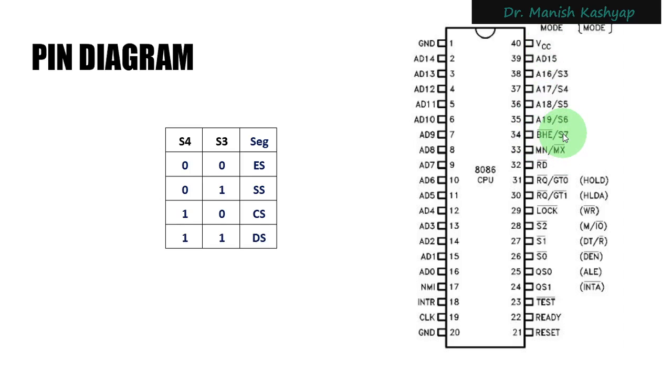This BHE bar is actually used to indicate bus high enable. BHE means bus high enable. So what is this used for? We already know that the externally interfaced memory is 1 megabyte in its maximum locations, and every location is of 8 bits or 1 byte, right?